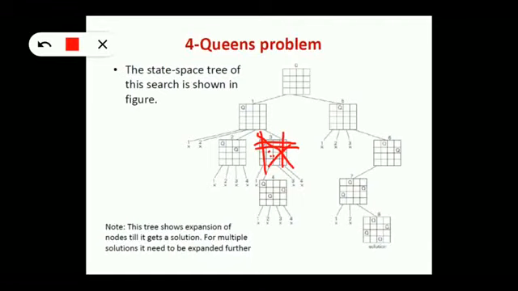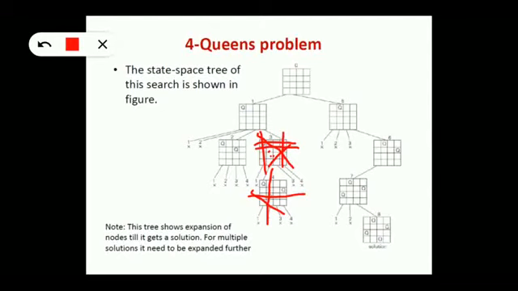But now once we place queen 3 onto row 3 column 2, it means that we cannot further place queen 4 on this row 3 nor on any cell of column 2, nor can we place queen 4 diagonally, right?